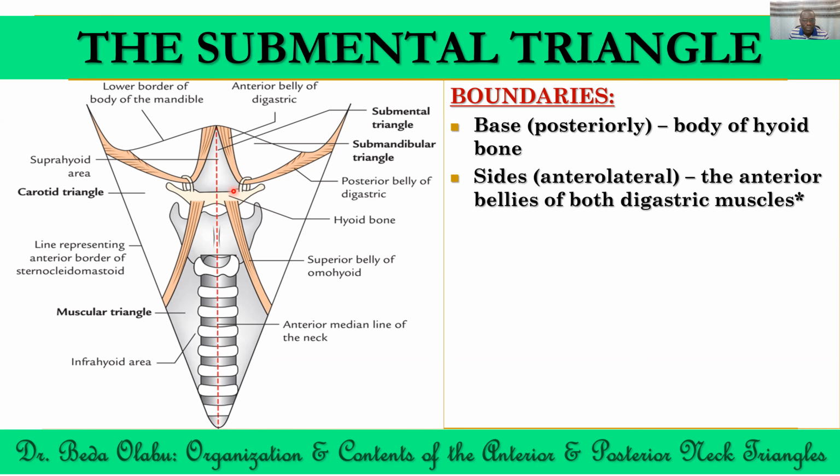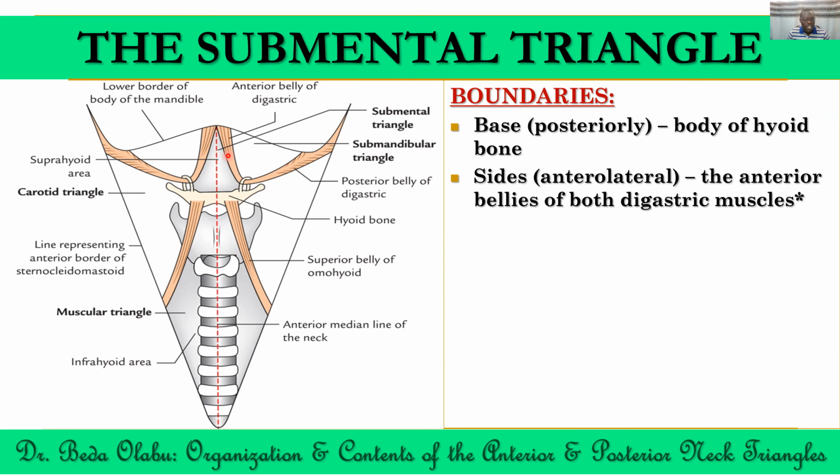It also has some sides. So there's a right and a left side, which are generally anterolateral. The anterolateral boundaries are formed by the anterior bellies of the right and the left digastric muscle. Now, let me mention something here.